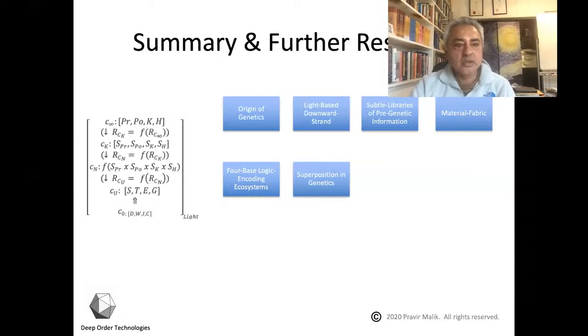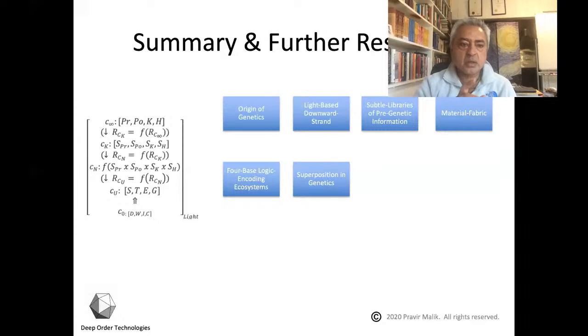This also introduces us to the notion of superposition in genetics, because what we're seeing is that as something shows itself at the material layer, and particularly in DNA, it has yet its counterpart that exists in superposed form in more subtle layers of light. And this, in this point of view, becomes the notion of superposition in genetics.